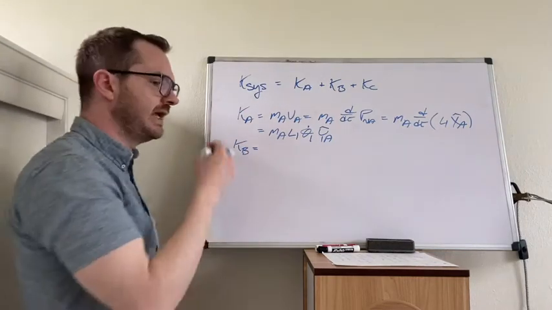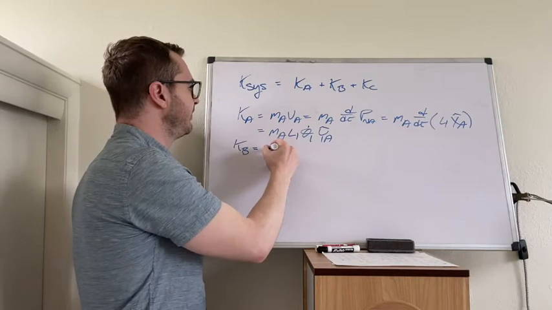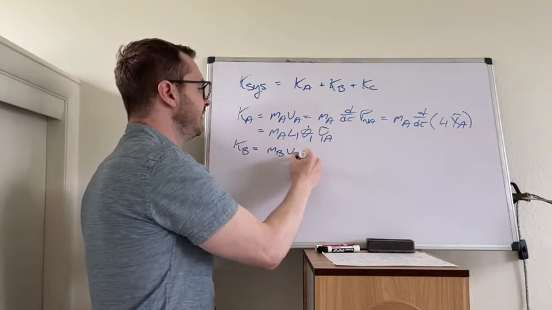KB. So point B is at the end of the first rod. So this is MB VB.